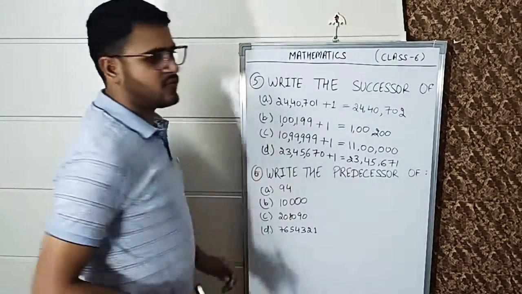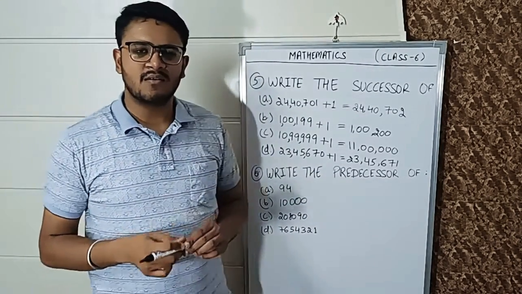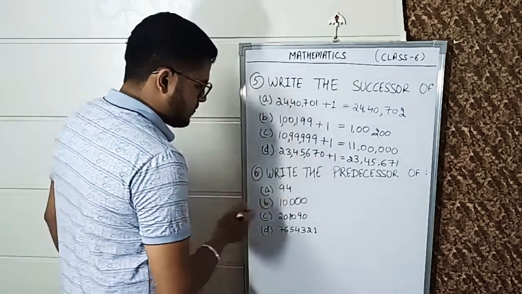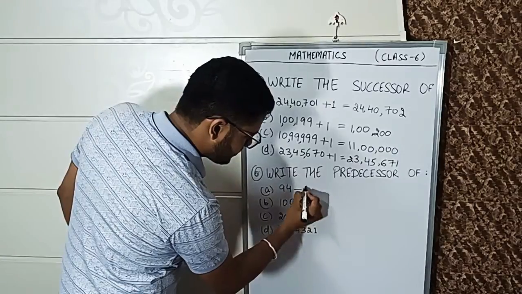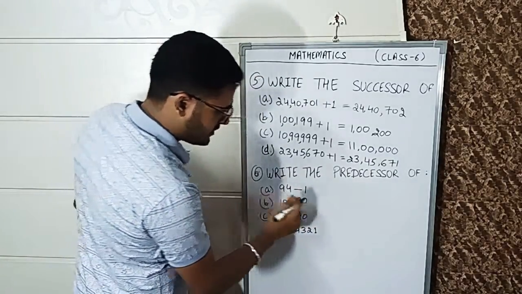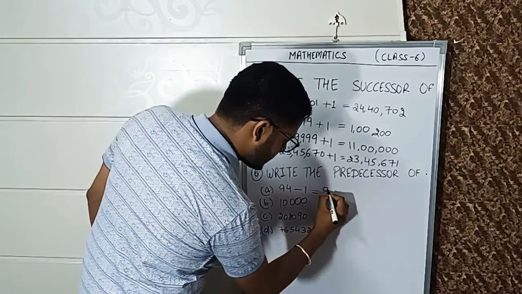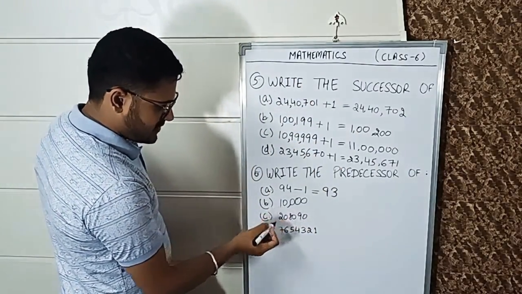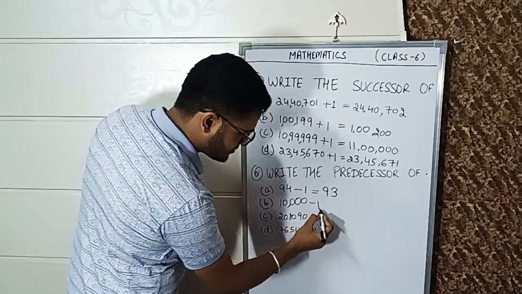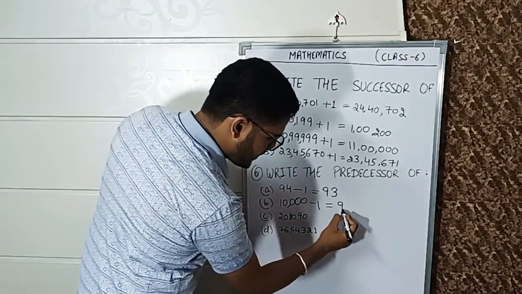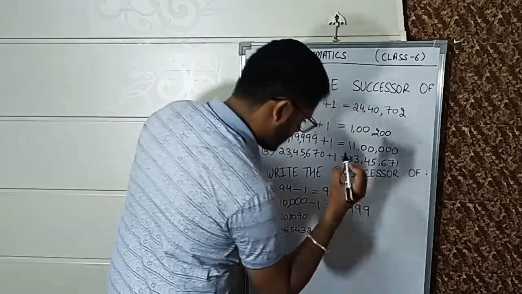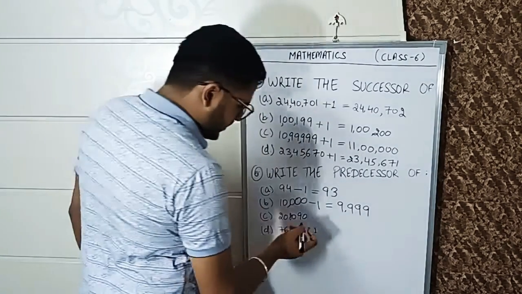Now coming to the next question. Write the predecessor of. In order to get the predecessor, we subtract 1. Subtracting 1 from our first example, 94, we get 93. Now the next example is 10,000. 10,000 minus 1 is 9,999.